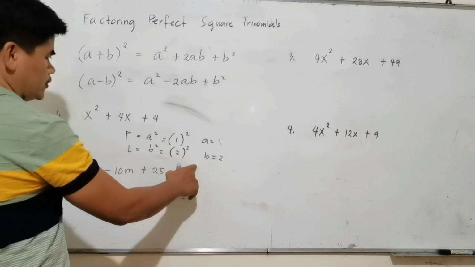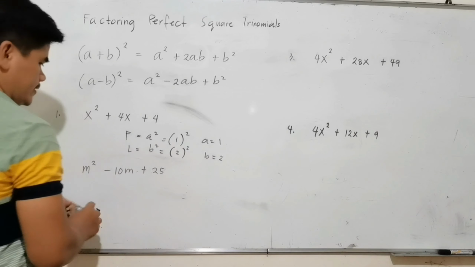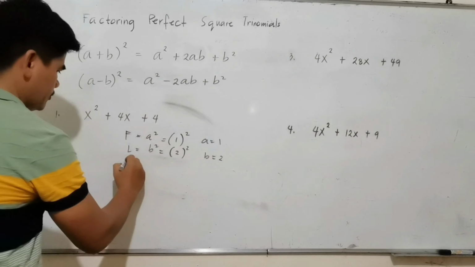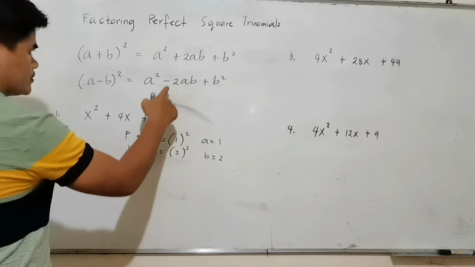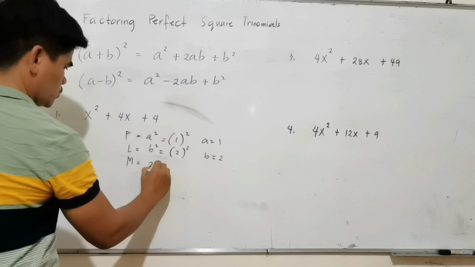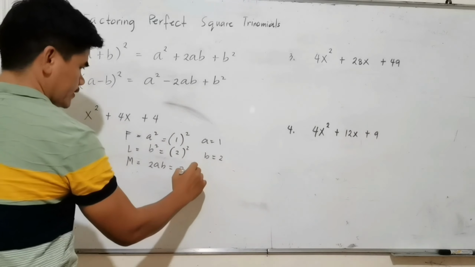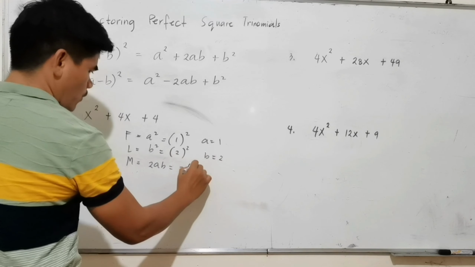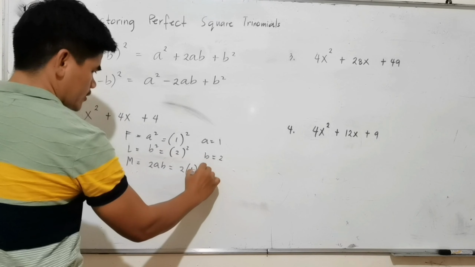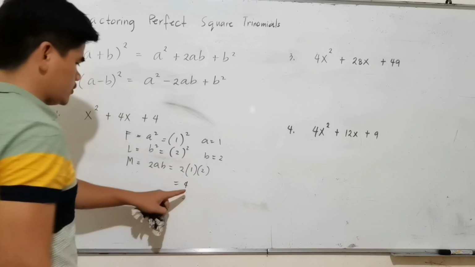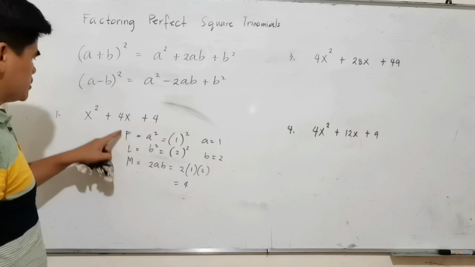So the middle term must be 2ab. So we have 2 times a, which is 1, times b, which is 2. 2 times 1 times 2 is 4. So therefore, the middle term is 4.